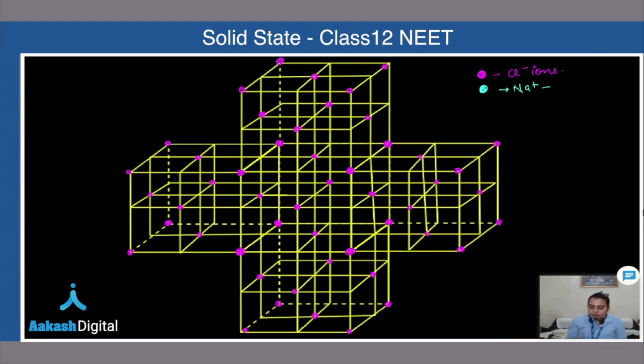They will occupy all the octahedral voids. So find all the edge centers and the body center. So this will be my NaCl unit cell.